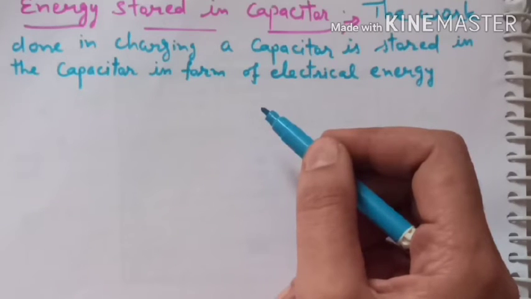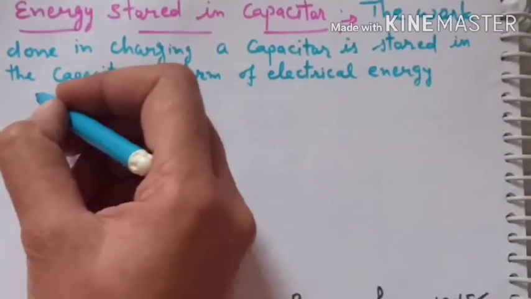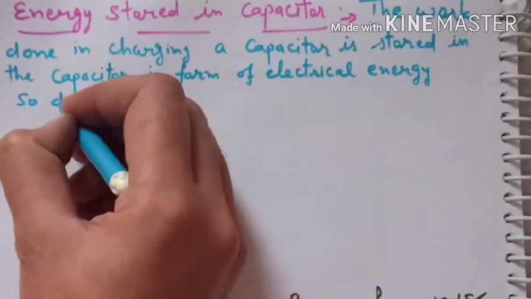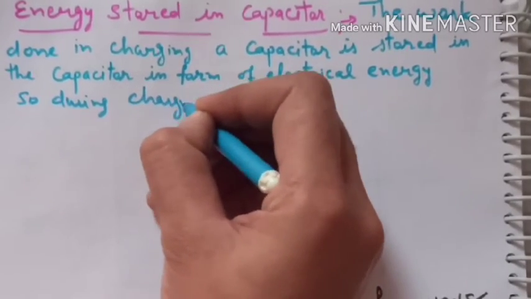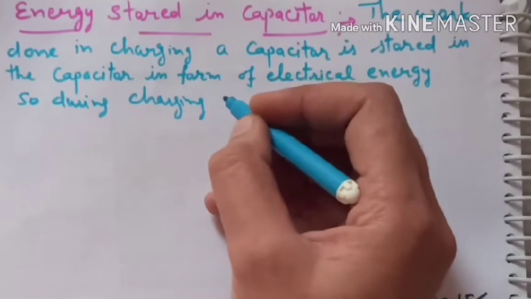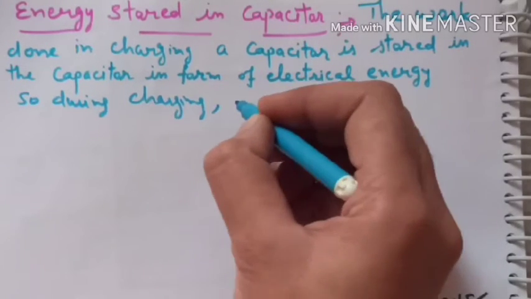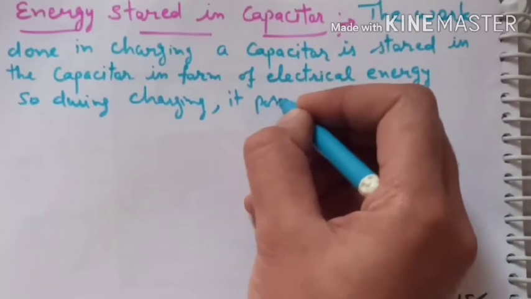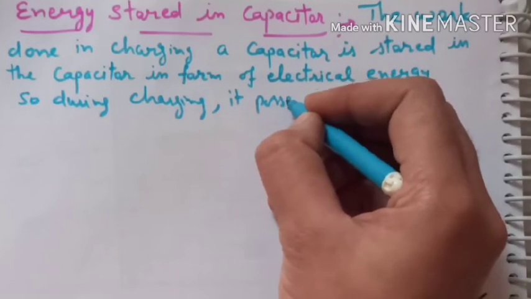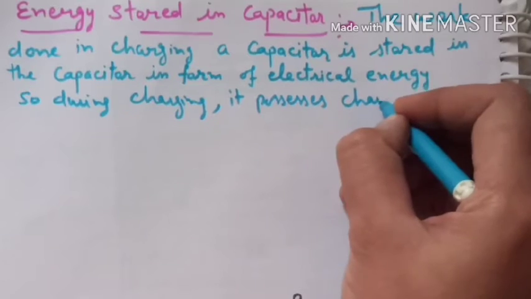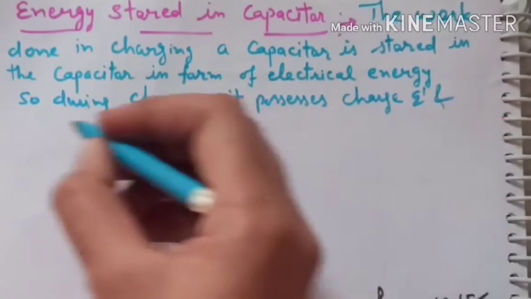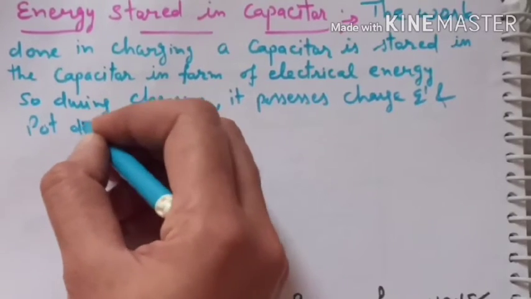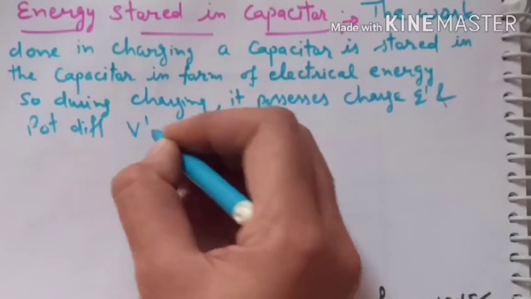So let at one stage during the process of charging it possess Q dash charge and potential difference V dash.